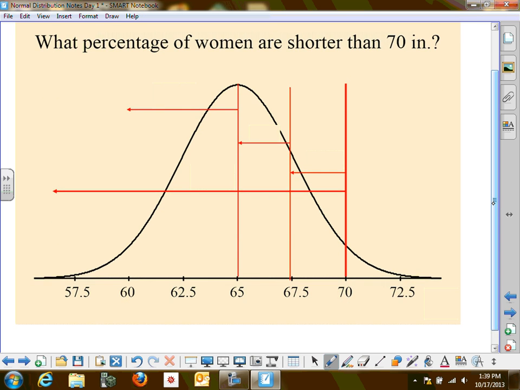What percentage of women are shorter than 70 inches? Okay, so figure that out. There's actually multiple ways you can do this one. I think we'll get some more different ways of solving on this problem. So do that.